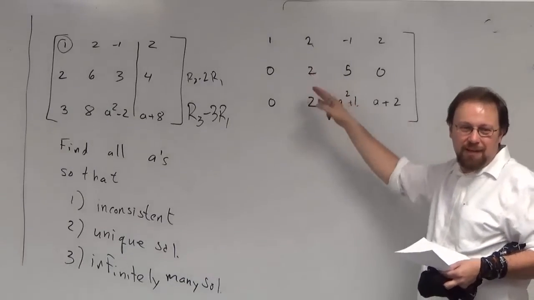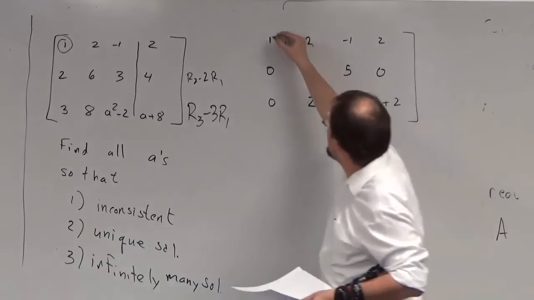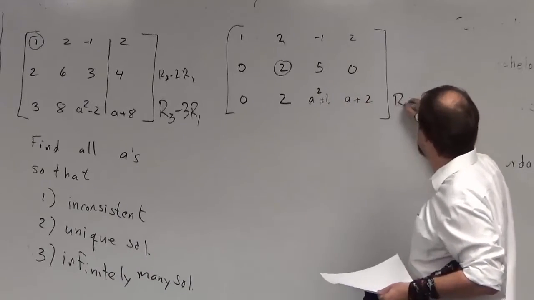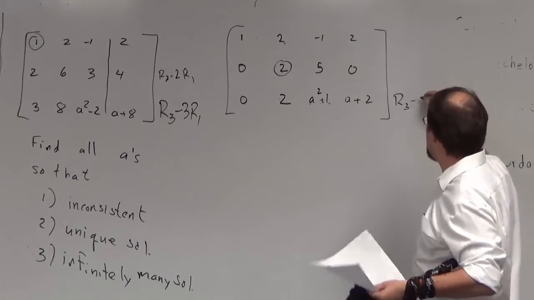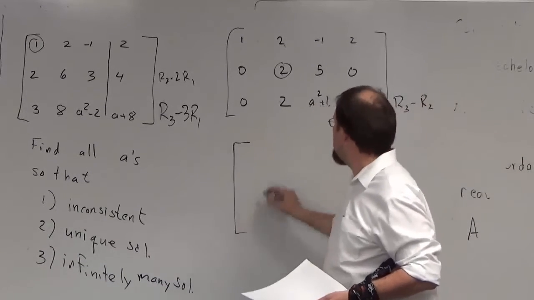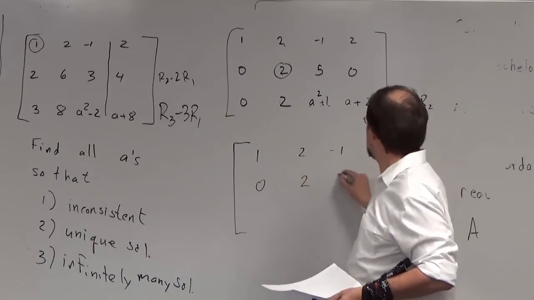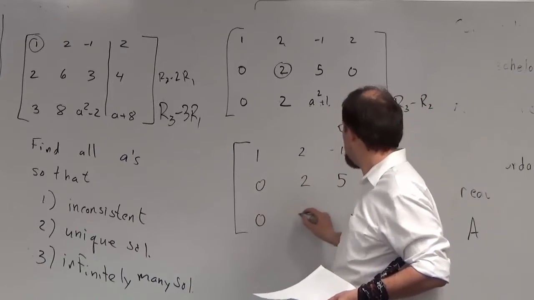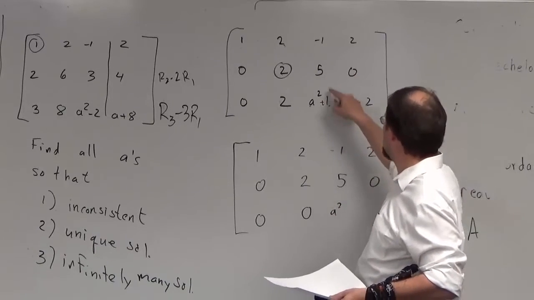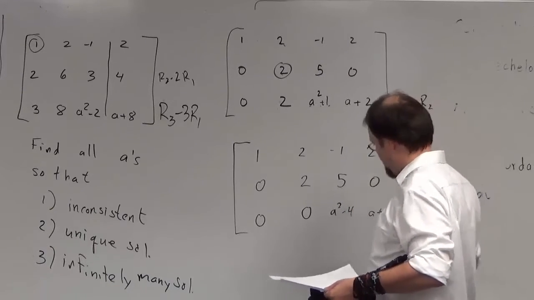I just want to get some zeros here, so I'm going to zero this out using this row 2. So pivot to row 3, subtract row 2 to replace row 3. So now we get a squared plus 1 minus 5, so a squared minus 4.